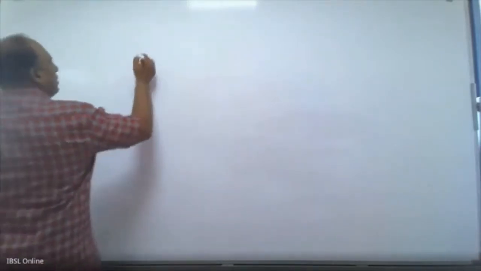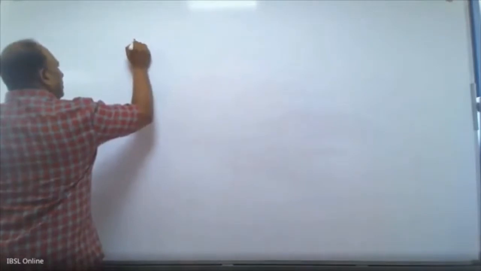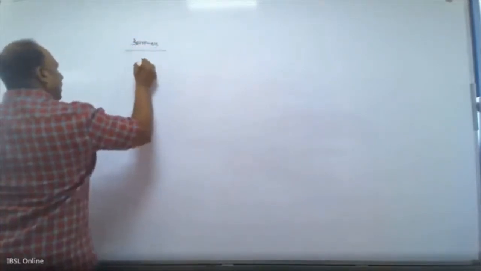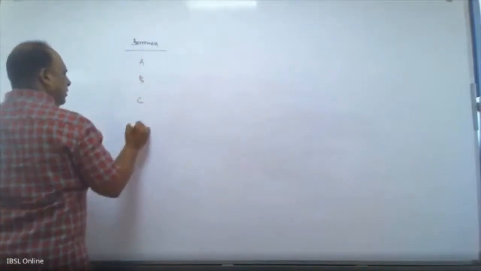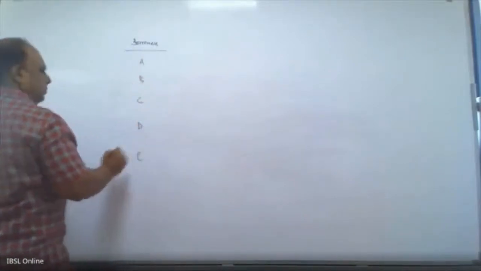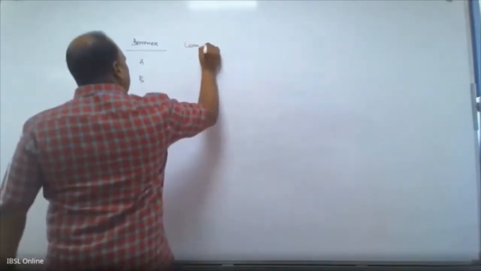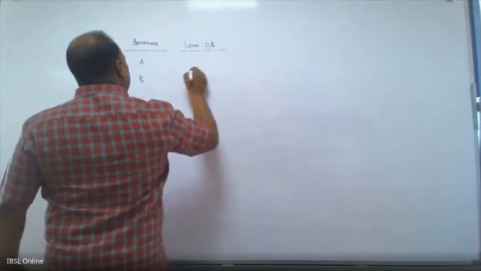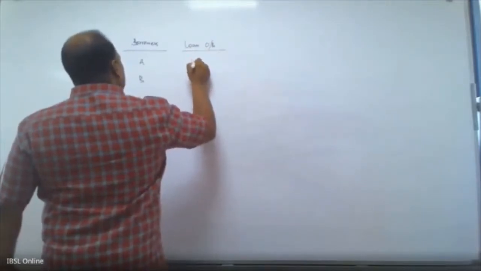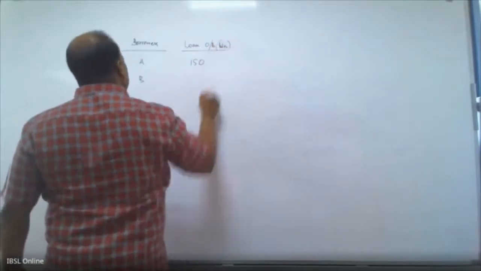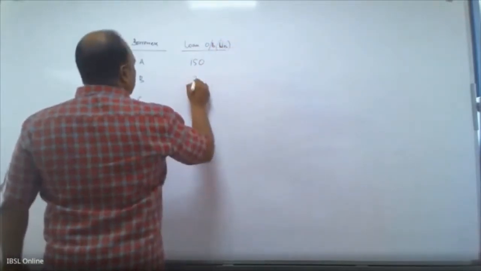It's easy for me to explain it using a bank, because impairment is mostly affecting the banks. Let's say there are borrowers A, B, C, D, and E. And the loan outstanding balance is, let's say, 150. I'm talking in terms of rupees millions.